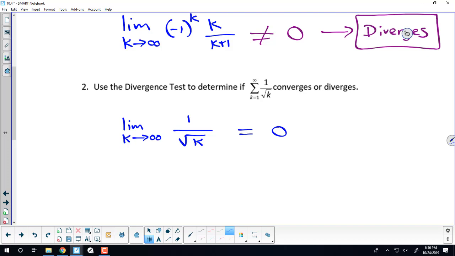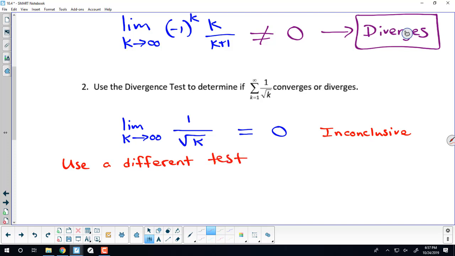The series could diverge, it could converge. So it's inconclusive. At this point, we don't really have any other test, but we would need to use another test. So we don't know anything about convergence or divergence there. Any questions on that?